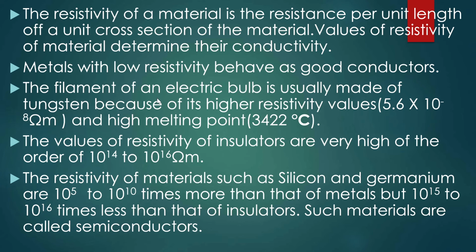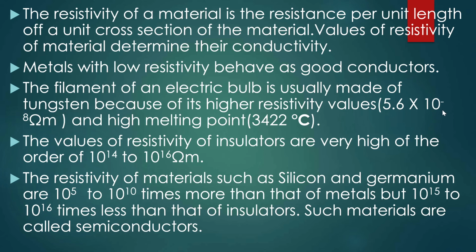And the filament of an electric bulb is usually made of tungsten because of its higher resistivity value and high melting point. The resistivity value of tungsten is 5.6 into 10 to the power of minus 8 ohm meter, children.